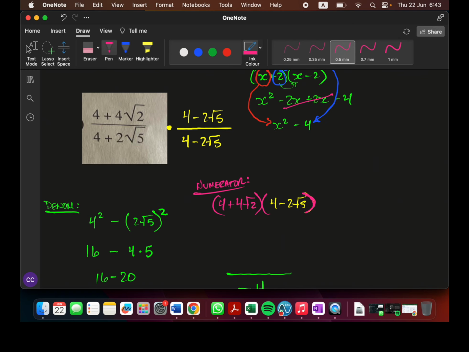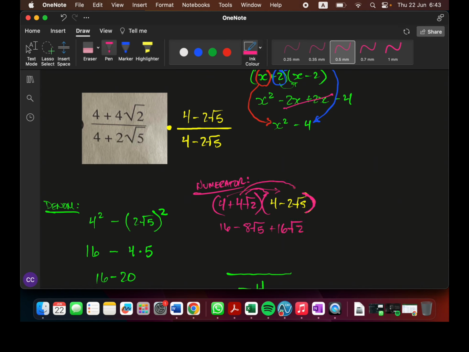So doing that, I would get 4 times 4 is 16. 4 times negative 2 square roots of 5 is negative 8 square roots of 5. 4 square roots of 2 times 4 is plus 16 square roots of 2.